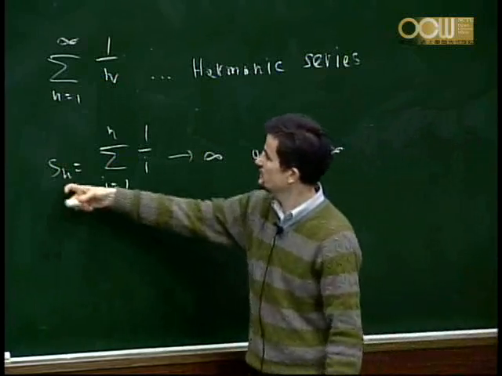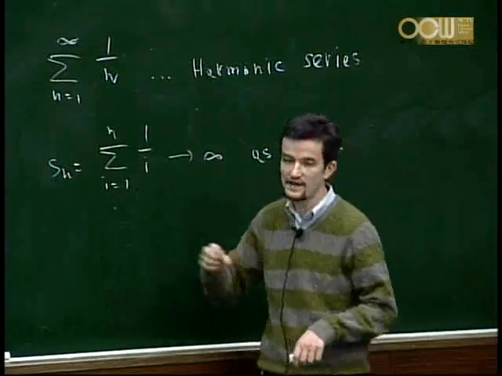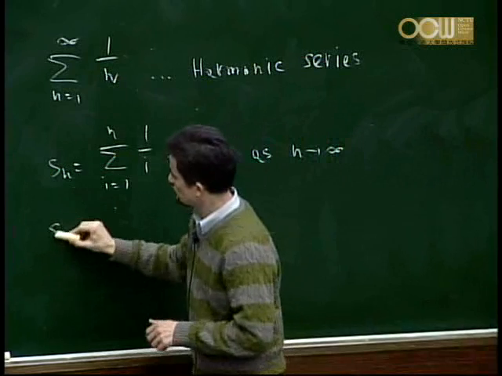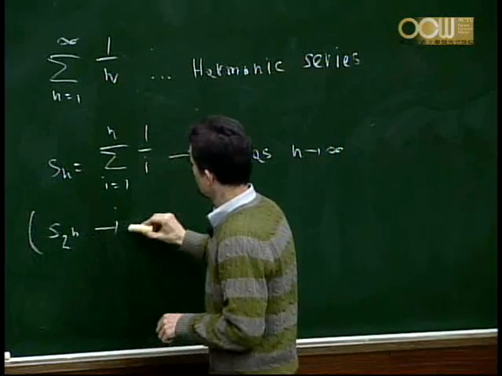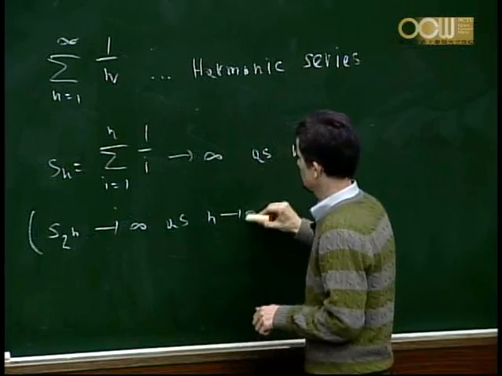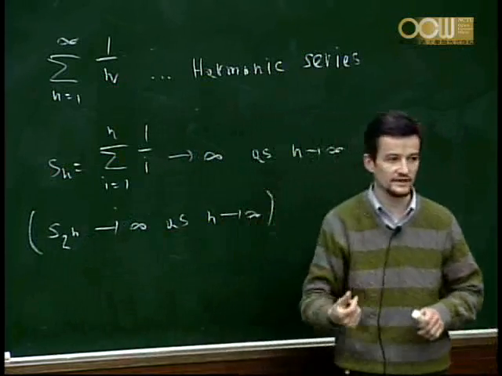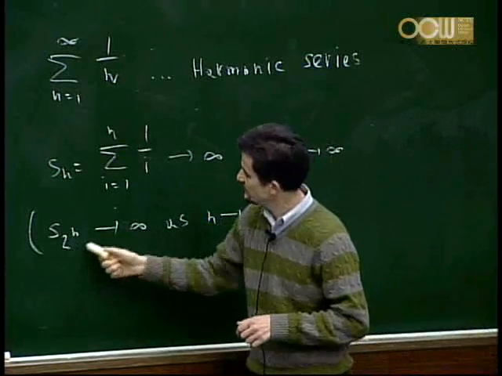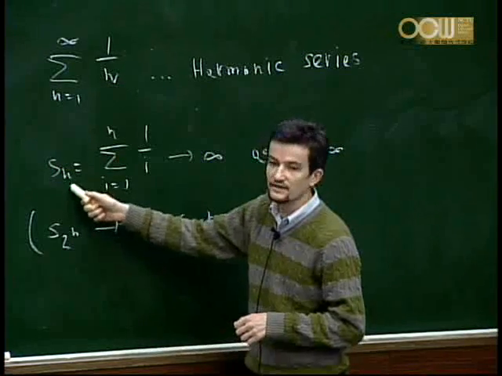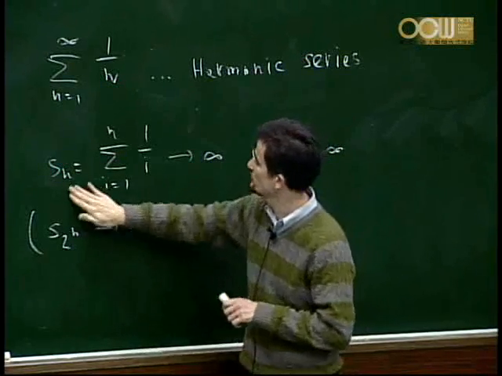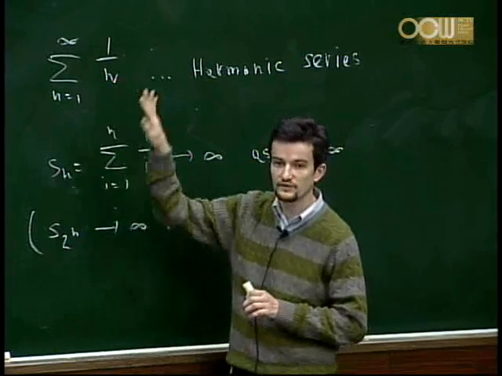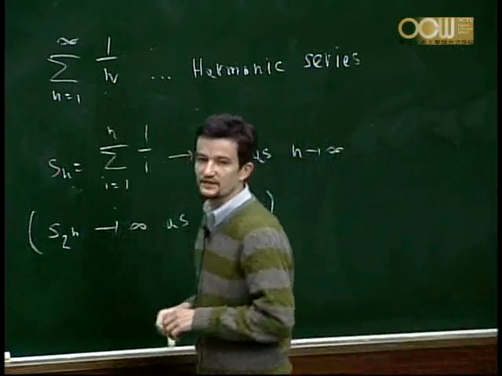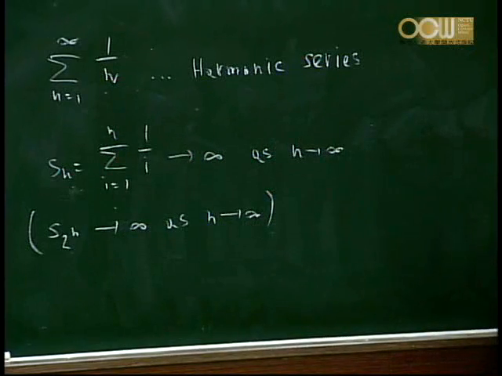But since the sequence is getting larger and larger, because you add positive terms, if this subsequence tends to infinity as n tends to infinity, it's clear that Sn has to go to infinity as well, because all the terms here are positive and Sn is an increasing sequence. You remember, I grouped the terms suitably, and then I could show this is getting larger and larger. So this series is divergent, and this is an important example of a divergent series.